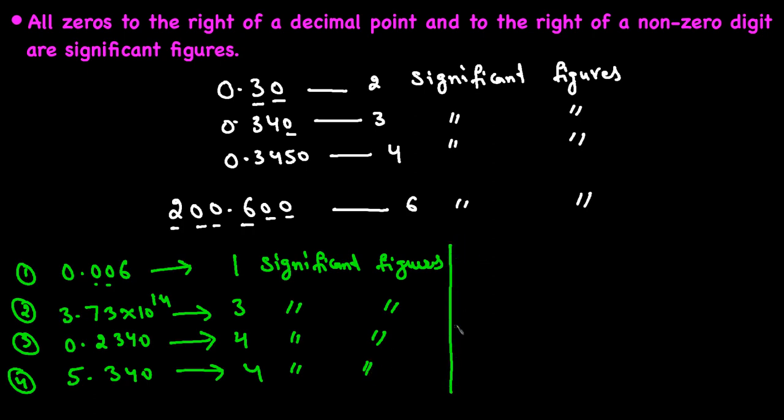Let's do a few more over here. Let's say I have 6.002. These two zeros are between two non-zero digits, so we're going to count them as significant figures. So there are 4 significant figures. And if I have 0.0034, these zeros are right of a decimal but left of a non-zero digit, so these are not significant figures.